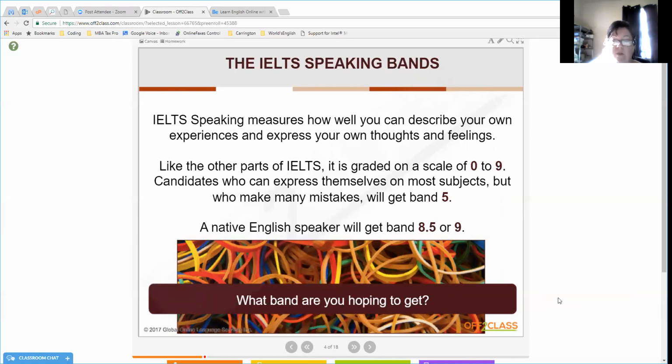So if you don't know what score you need, that's a question you need to ask the immigration officials or the university officials, whoever you're working with. Maybe it's your employer or potential employer, but find out what score you need. The IELTS is graded on a score of 0 to 9.